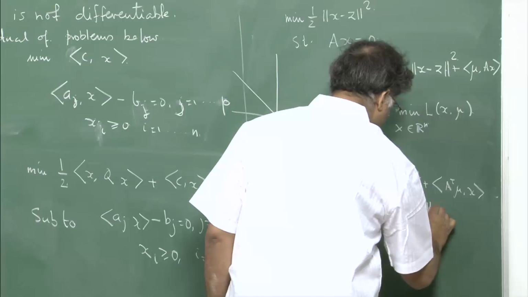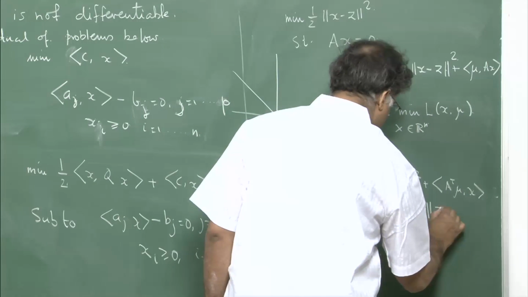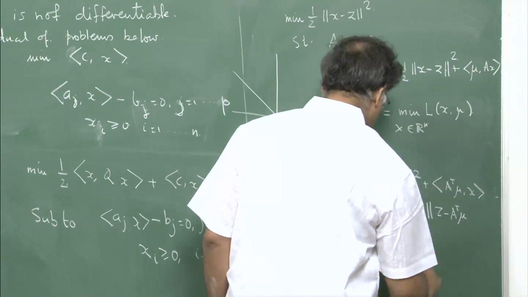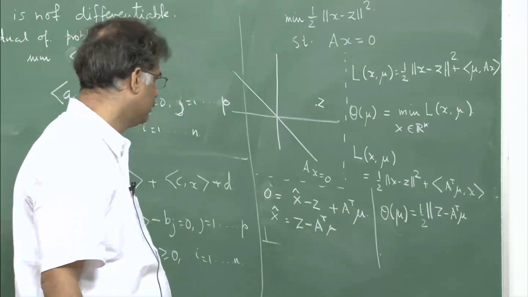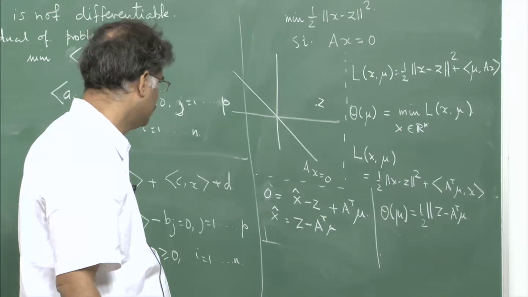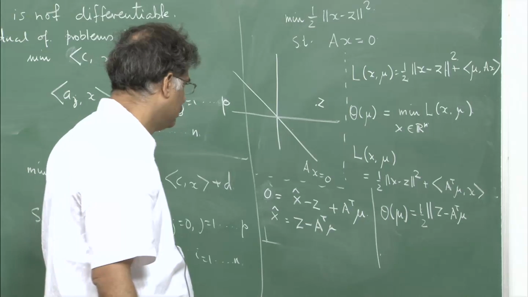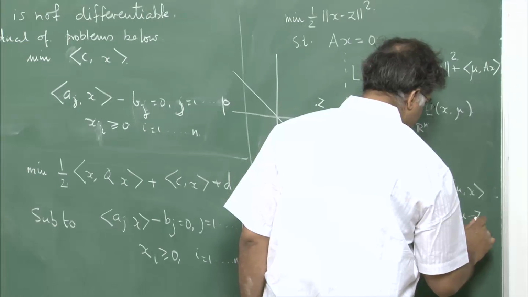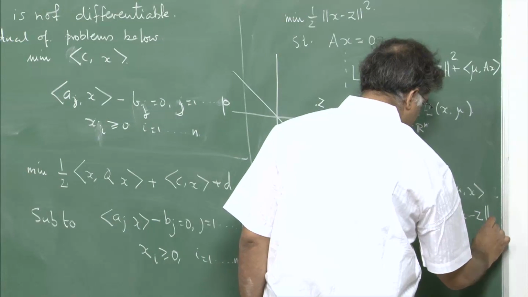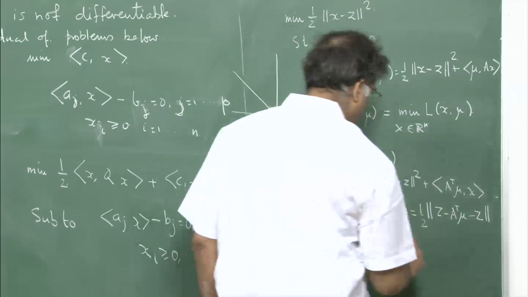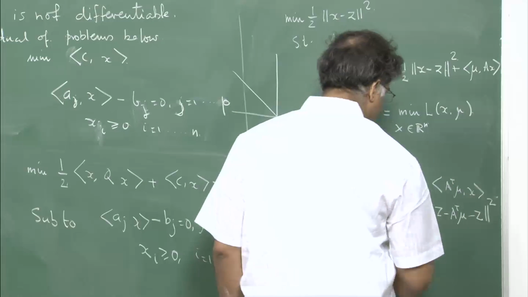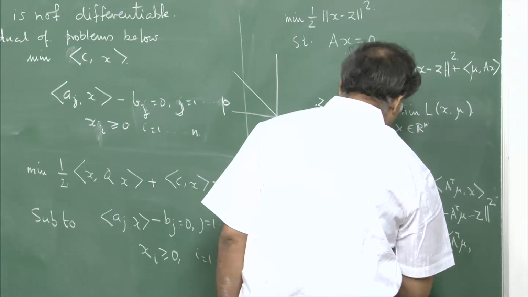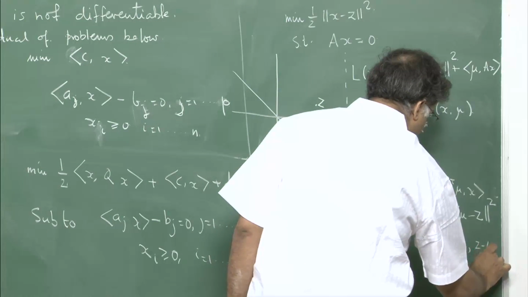So, half of z minus A transpose mu minus z whole square plus A transpose mu into z minus A transpose mu.